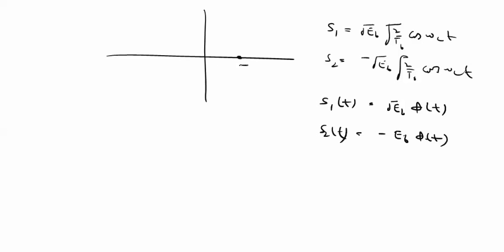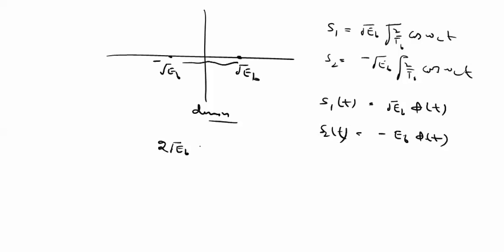For drawing the constellation diagram with phi t, we place root Eb and minus root Eb. The difference between these two is d minimum, so we can directly say d minimum is twice root Eb.